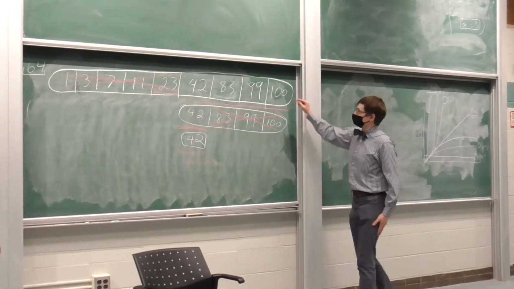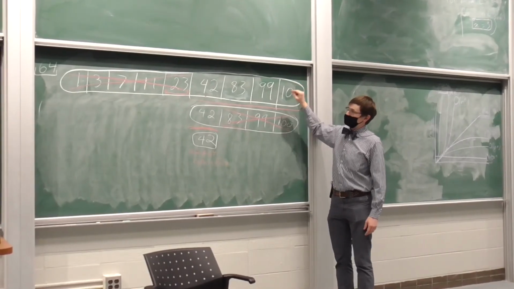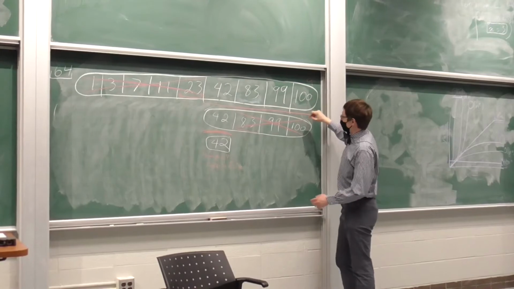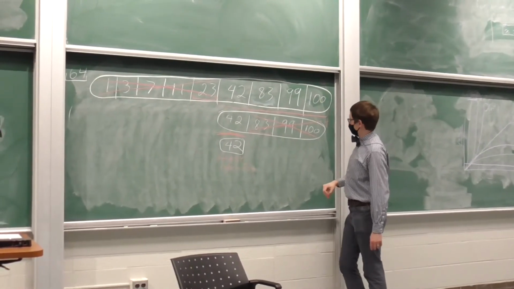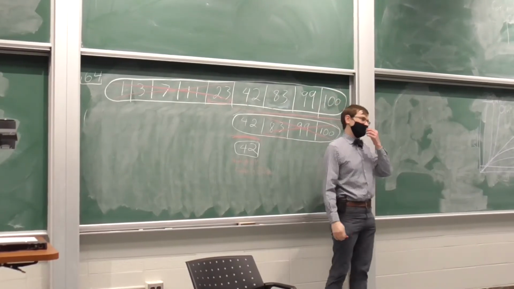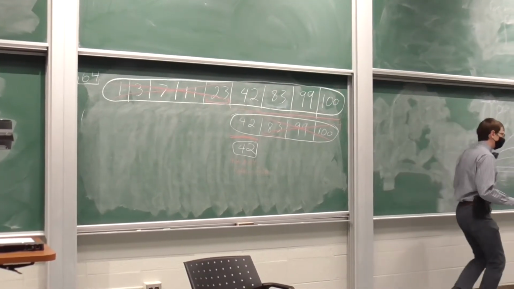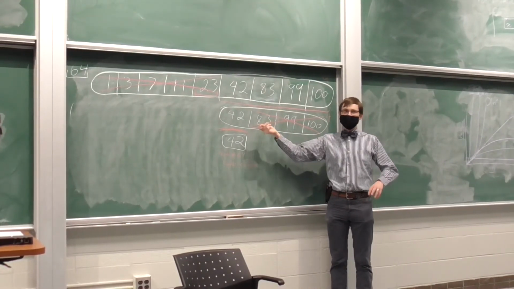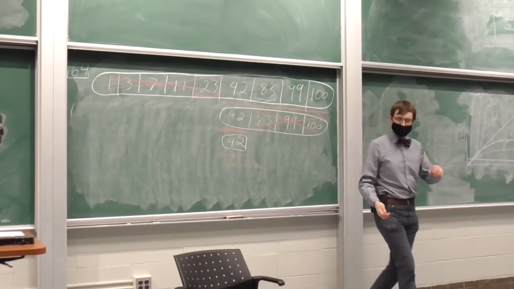So this is an array that had 9 elements. We could then chop it down to 4, and then chop that down to 1. Sometimes they'll leave the middle one in, but it doesn't really matter.